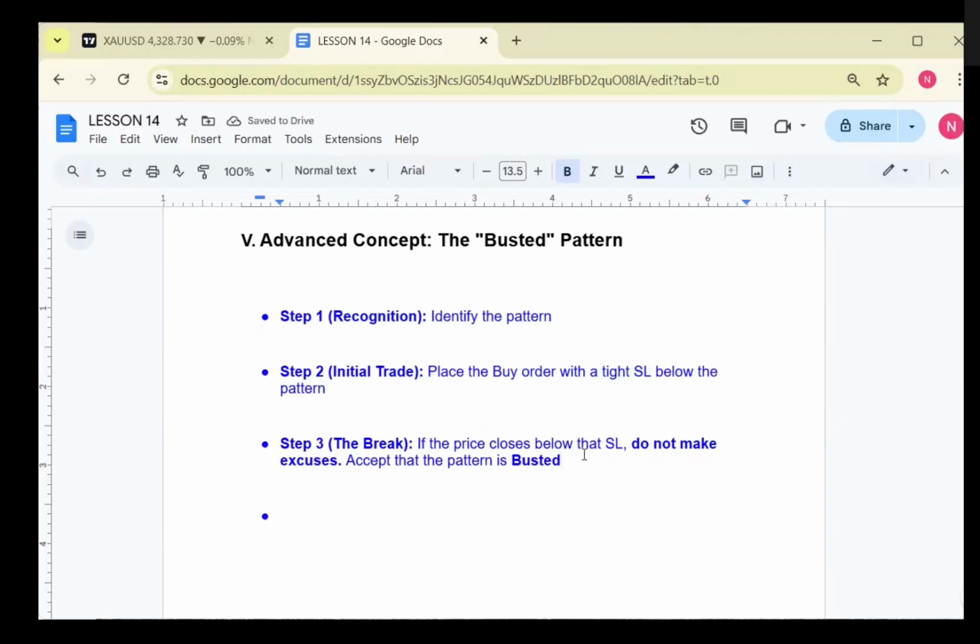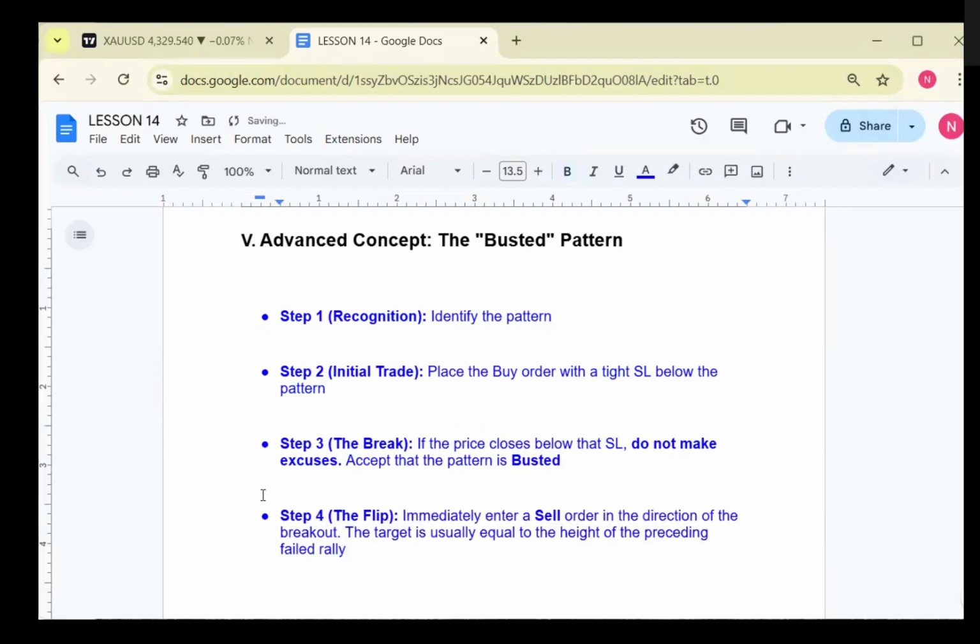This is where we need to keep our mind calm, our trading psychology calm, and move to step four. That is the flip. Immediately enter a sell order in the direction of the breakout or breakdown. The target is usually equal to the high of the preceding failed rally.